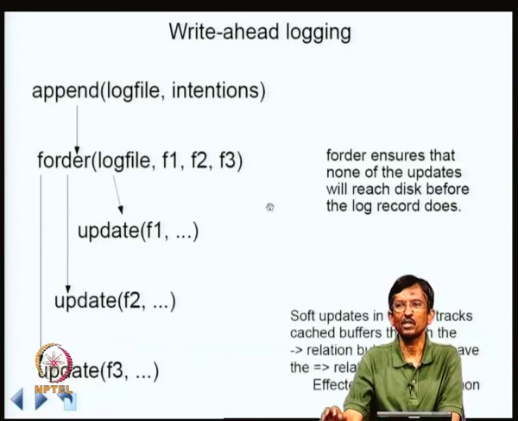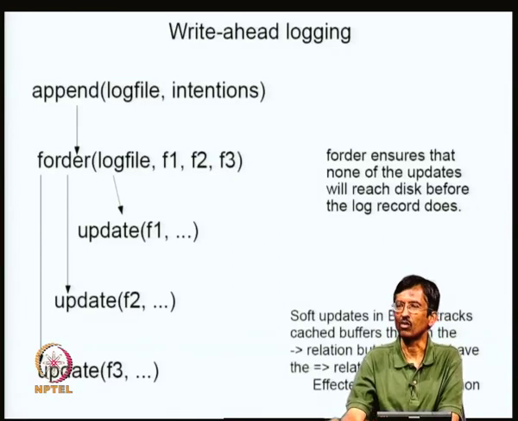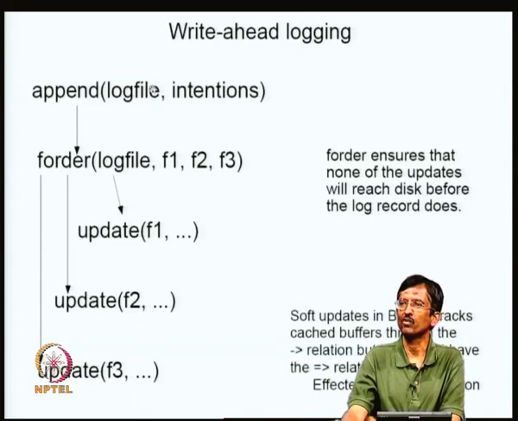Now, with these things you can essentially implement things like write-ahead logging. What is write-ahead logging? You append your intentions, meaning the things that you are going to update, to a log file, and then you say F order log file, let us say it is updating F1, F2, F3, whatever file system operation that you are planning to do.